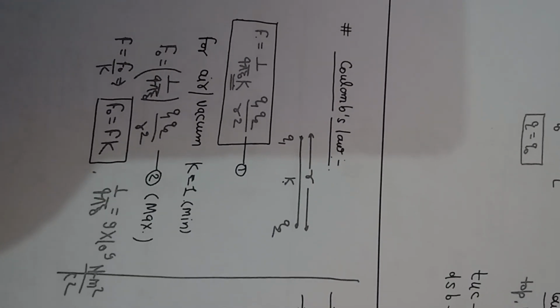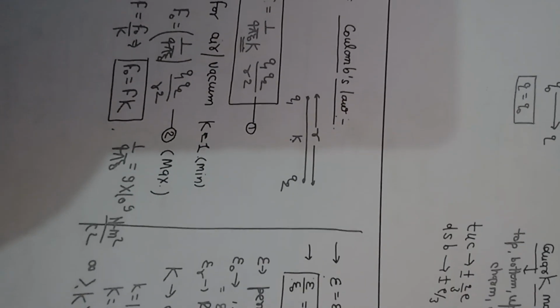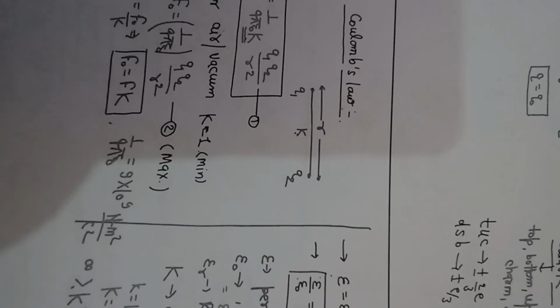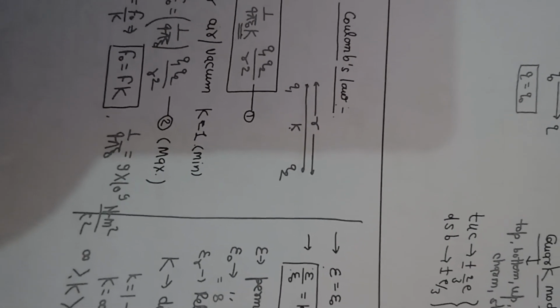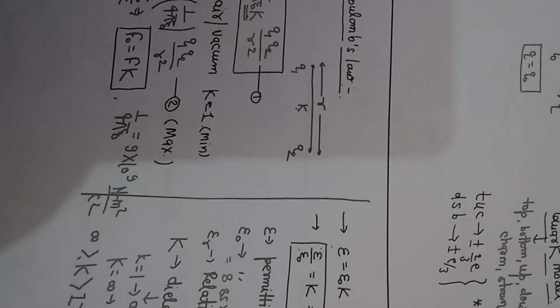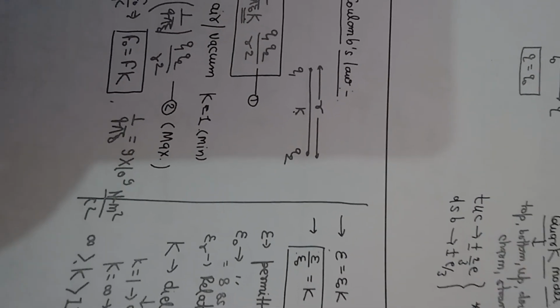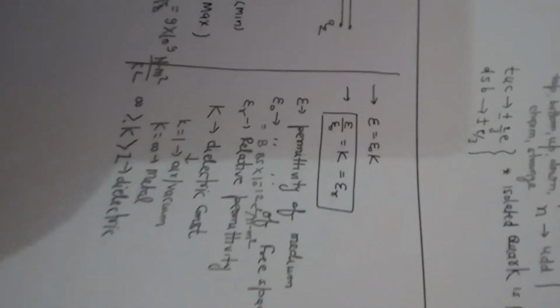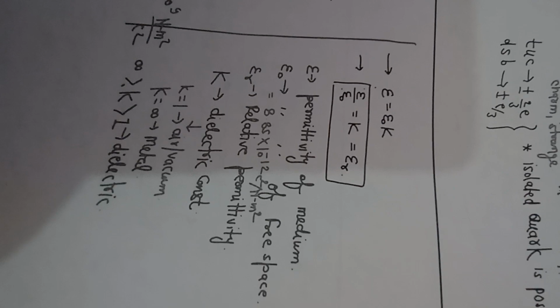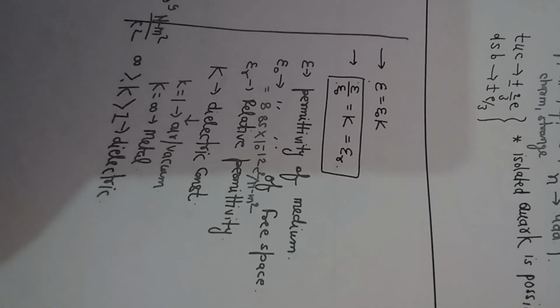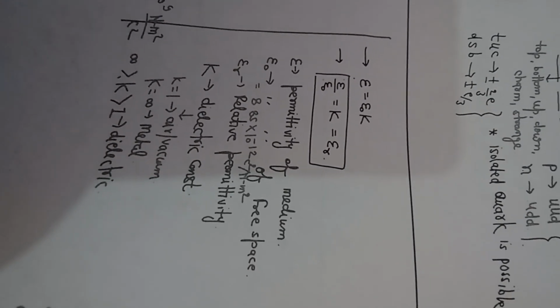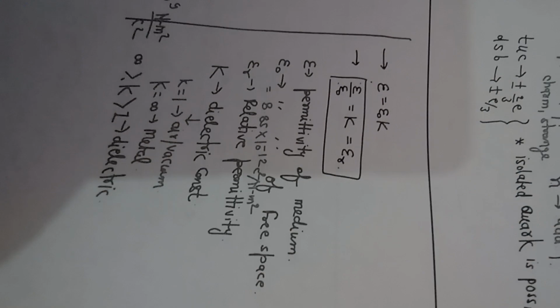F naught is equal to Fk, and the value of 1 upon 4 pi epsilon naught is equal to 9 into 10 to the power 9, and its unit is Newton meter square upon coulomb square. And there are some relations. Epsilon is equal to epsilon naught k, and epsilon upon epsilon naught is equal to k is equal to epsilon r.